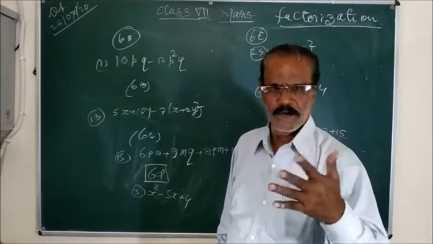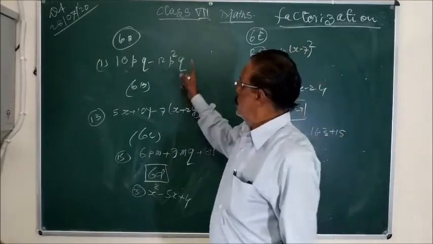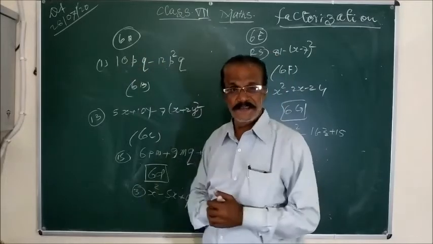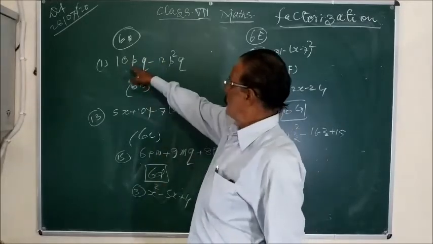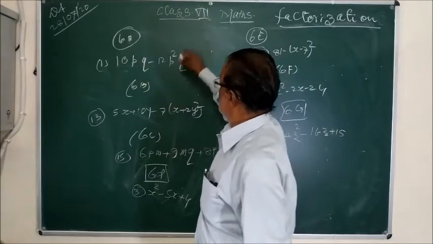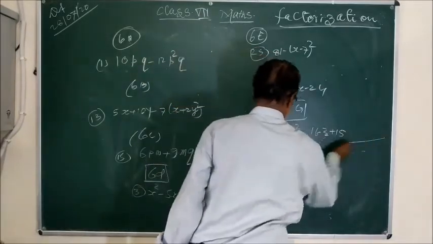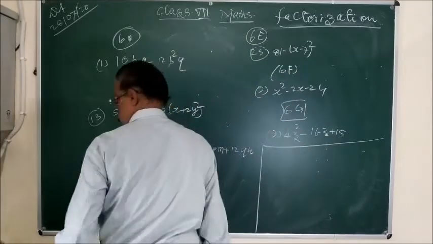Both are, we have 2 or 3, I don't know. Here you see these are numerical coefficients. So what is common in 10 and 12? I will solve it one by one here.